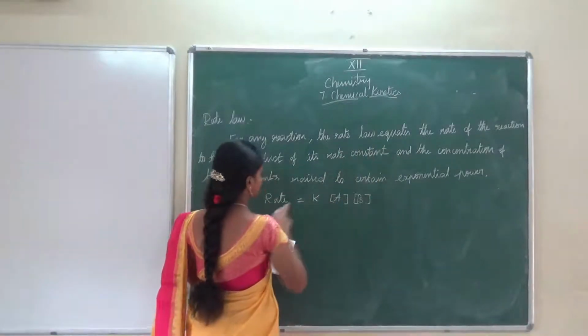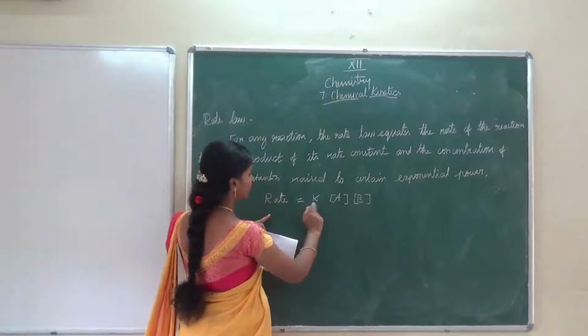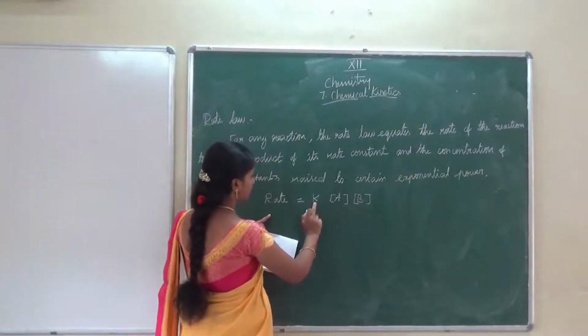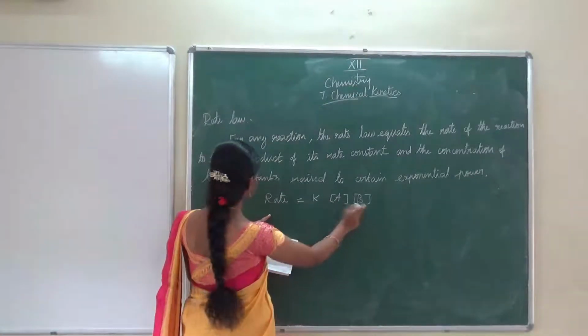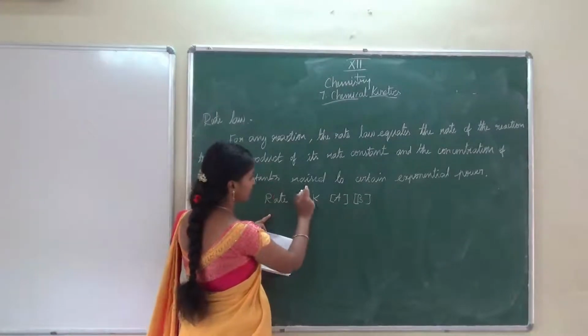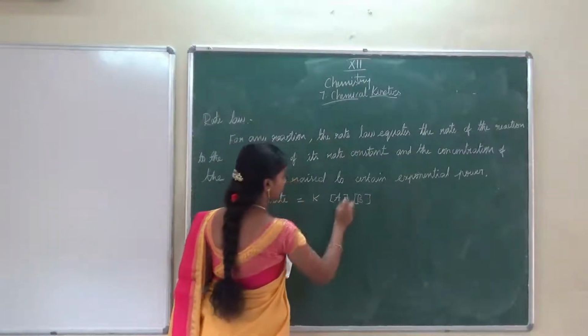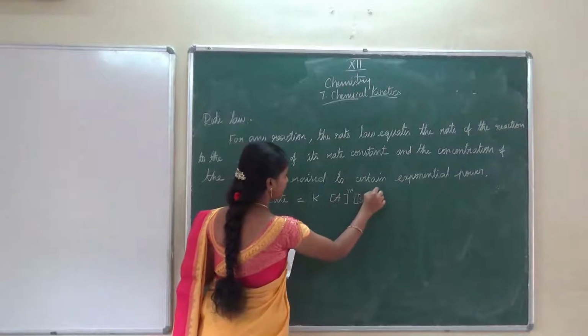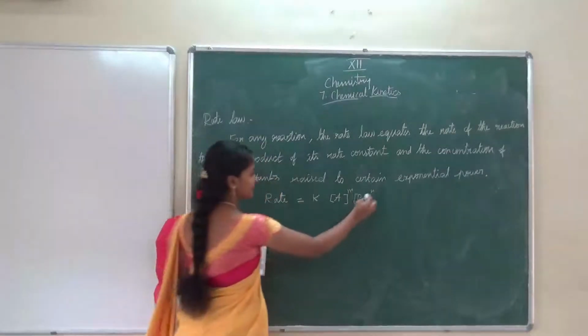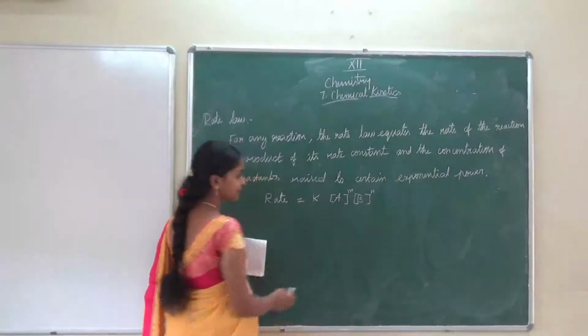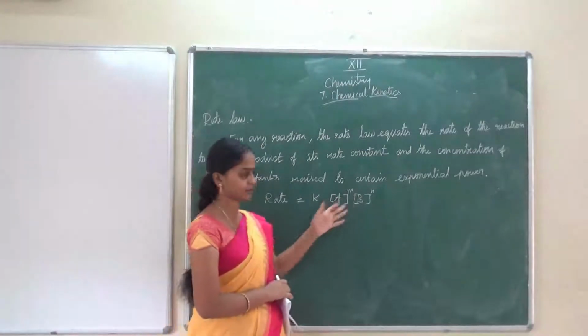So it equates the rate of the reaction to the product of the rate constant and the concentration of reactants raised to certain exponential powers. This exponential power, as I said, we can't write from the equation.